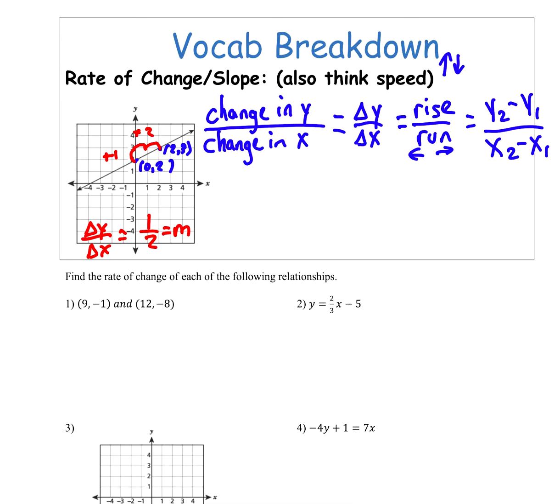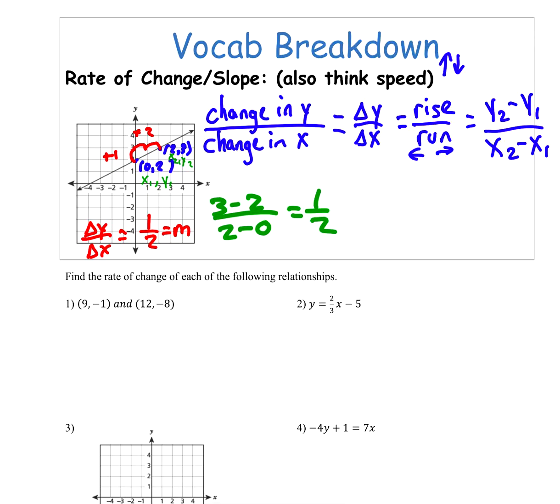So if I look at my 2 points over here, I'm going to use the same 2 points. This would be x1, y1, and I'm going to say this is x2, y2. So if I were to find the slope algebraically, y2 I said was 3 minus 2, and x2 was 2. That would be 1 over 2, which gives a slope of 1 over 2.